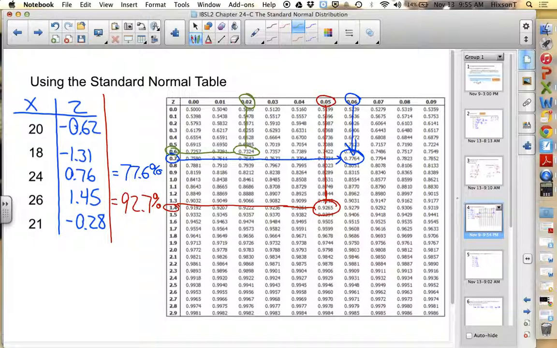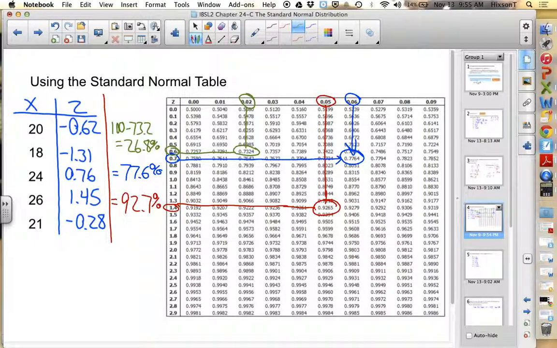So we subtract 100 minus 73.2%, and we would get, not 80, 26.8%. So, good. We're using the symmetry of this standard normal distribution. Does anyone have any questions about this?